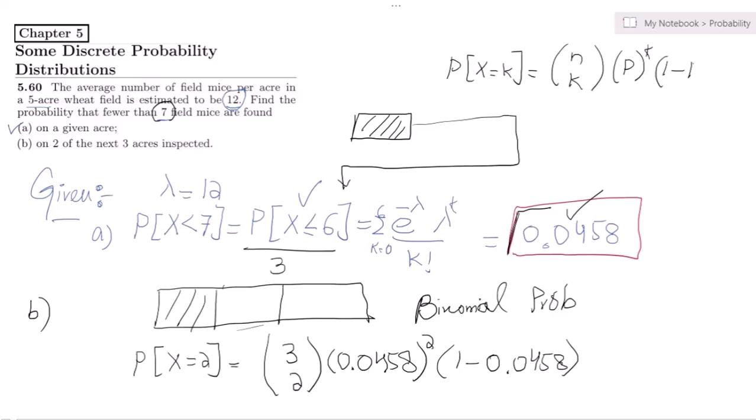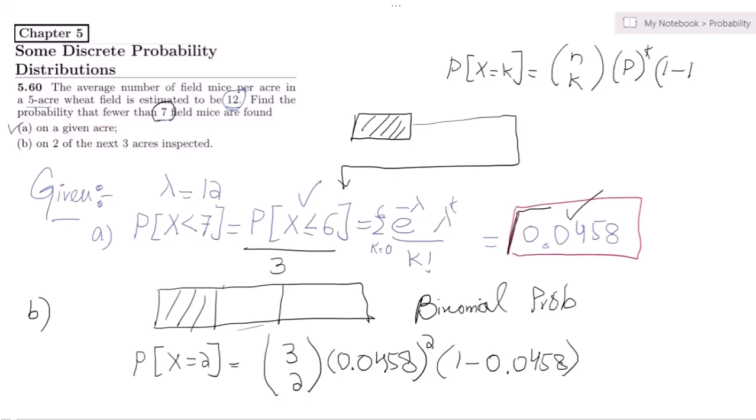Now finding the values, the answer would be 0.0060, and that is basically the solution of part B of my question.